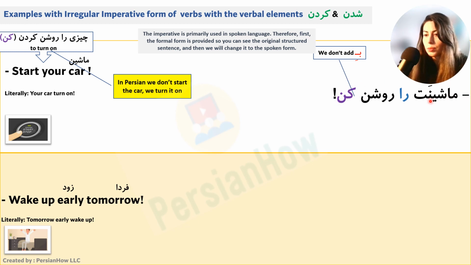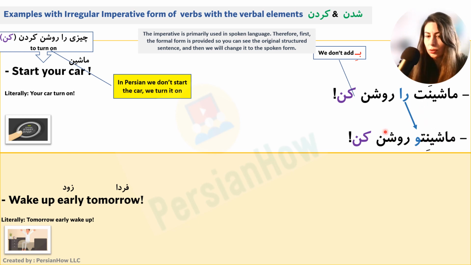So we do not say ماشینت را روشن بکن. We just say ماشینت را روشن کن. This is a little bit more formal version. The informal form is ماشین تو روشن کن. So نت becomes net, and then را becomes an او. So ماشین تو روشن کن.